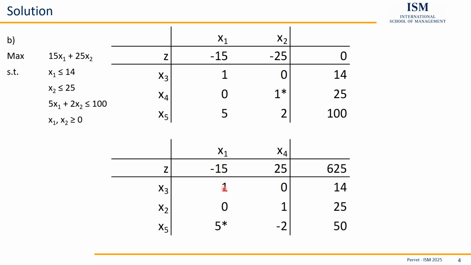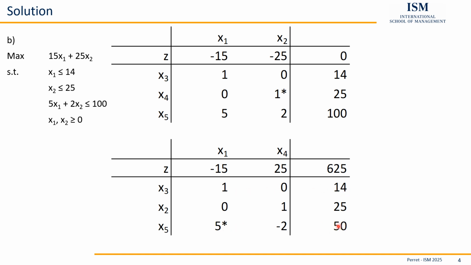In the pivot column, again, we consider all the values which are positive, which is 1 and 5. And to select which row we take for pivot row, again, we divide right side by this element. So 14 by 1 gives 14. 50 by 5 gives 10.